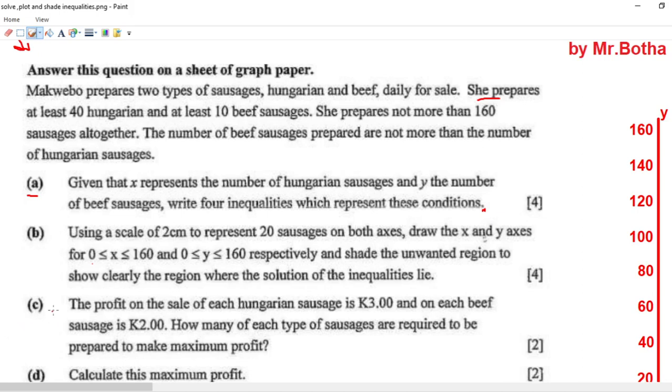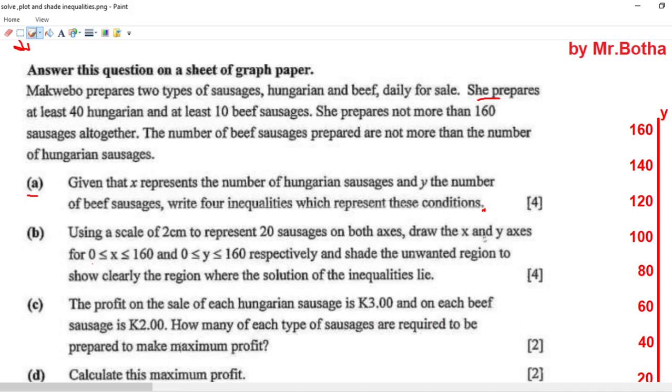Then question B says we will need to calculate the profit on the sale of each Hungarian sausage. If the profit on each Hungarian sausage is 3 kwacha and on each beef sausage is 2 kwacha, we are going to find how many of each type of sausage are required to be prepared to make maximum profit.